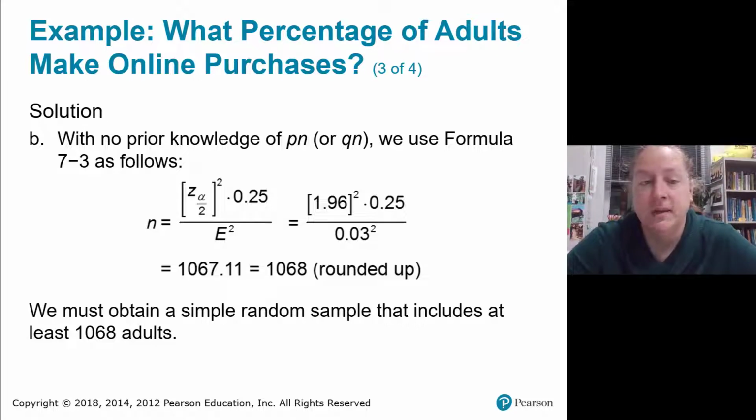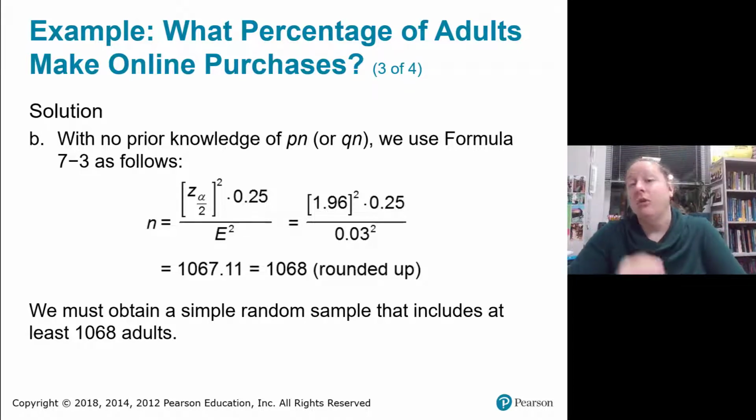Now, instead, let's say we don't know what p hat is. So if we don't know what p hat is, then we use the 0.25 in place of p hat times q hat. So again, putting in 1.96 and 0.03 and calculating, we get 1067.11. And again, always round up, 1068.